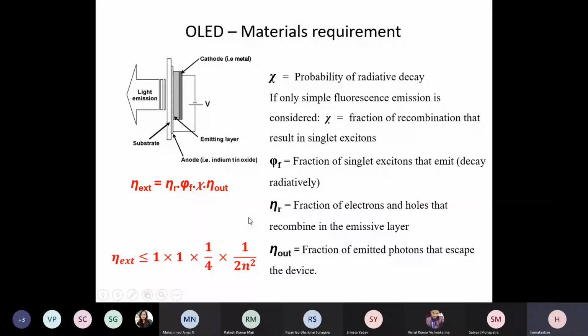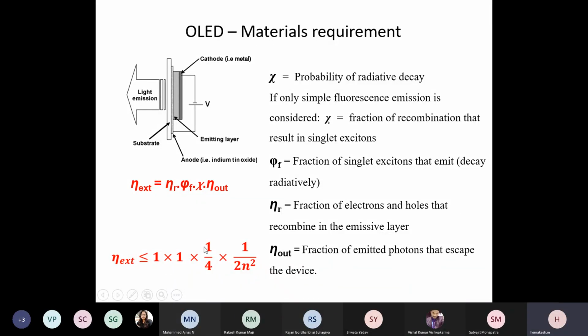So overall, the maximum efficiency of a simple fluorescent OLED has this maximum limit, which means you want the first two factors to be as close to 1 as possible, and that is already achieved by the people who work in this field. That factor is not too difficult to get very close to 1.